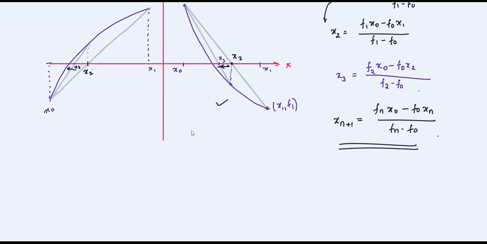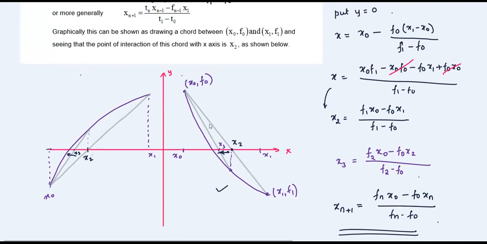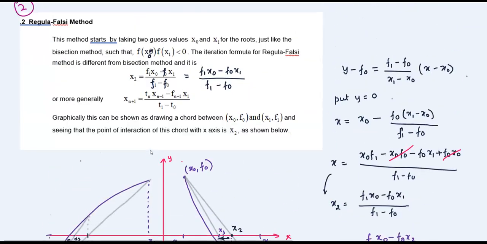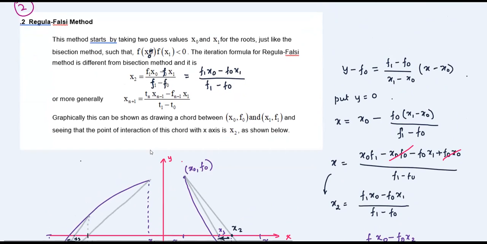Now this is faster compared to the bisection method, because in the bisection method, you don't know where the root is. But in this method, we'll keep coming to know in which subset of the interval the root will lie, and we'll go a little faster. The number of iterative steps taken for the same amount of accuracy will be fewer in the regular falsi method.